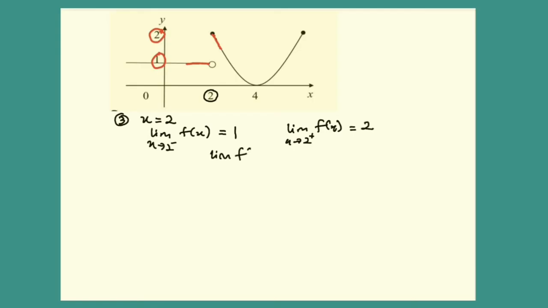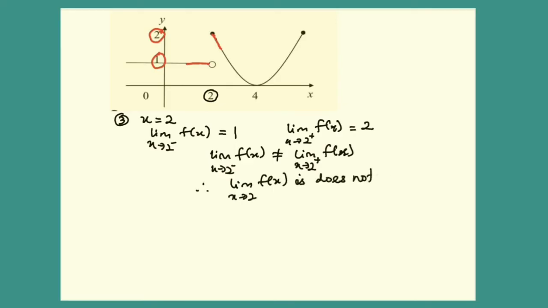Limit f(x) as x approaches 2 from left is not equal to limit f(x) as x approaches 2 from right. Therefore, limit f(x) as x approaches 2 does not exist.